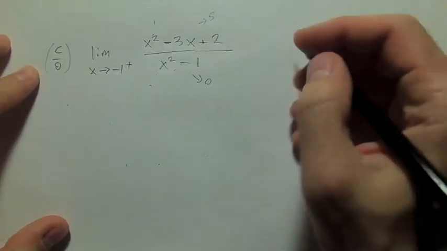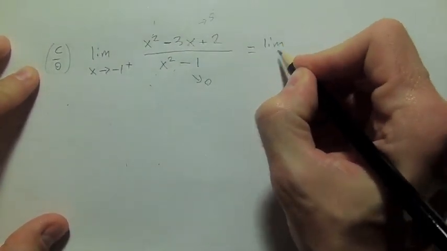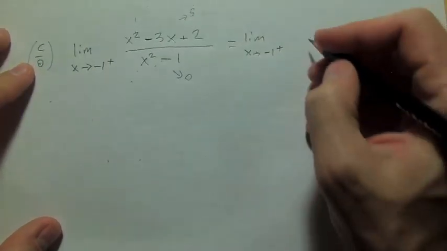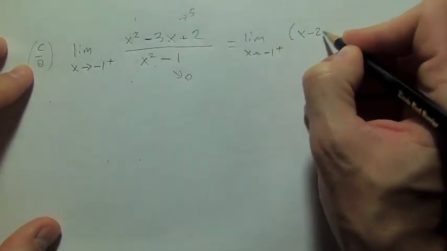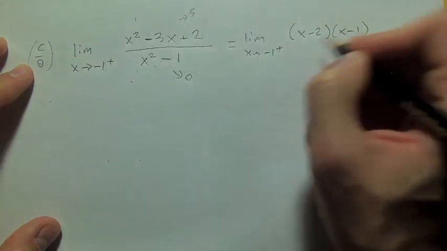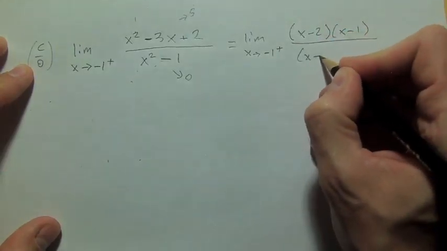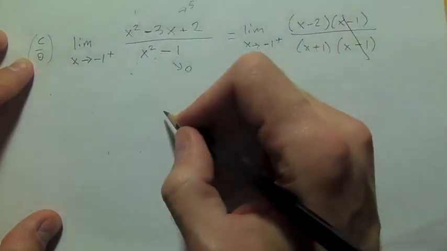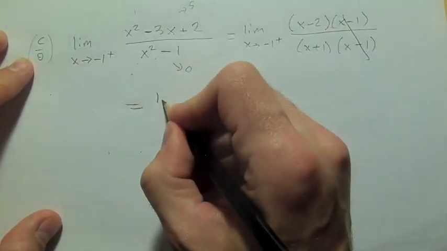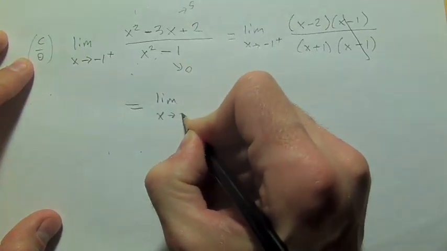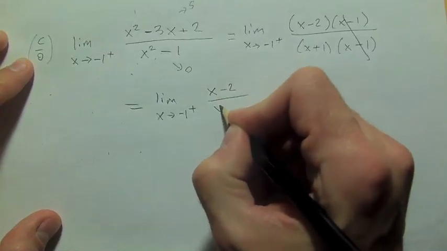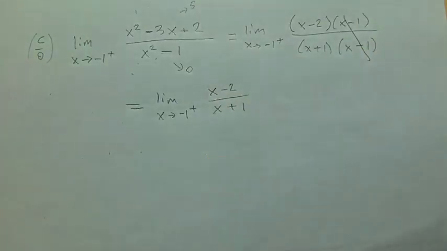Now, one thing I want to do before we move on is, since we can factor and cancel like we did previously, I'm going to do that again. I'm going to simplify the problem and instead look at this limit. The limit as x goes to negative 1 from the right of x minus 2 over x plus 1.